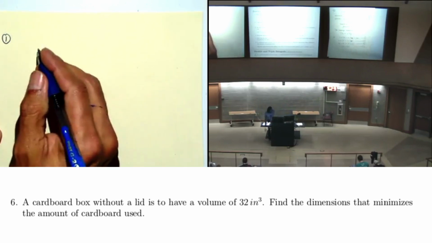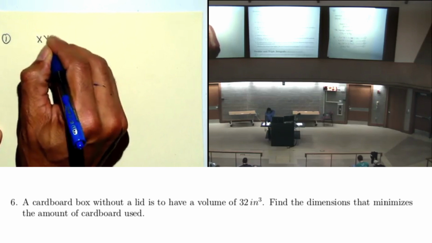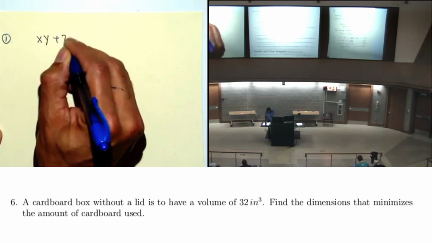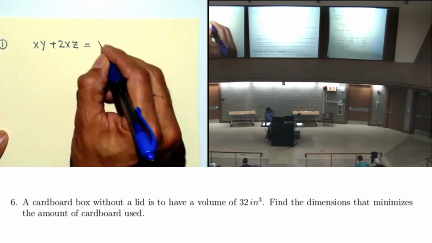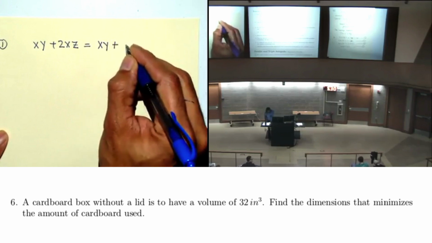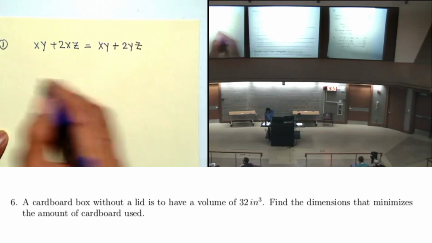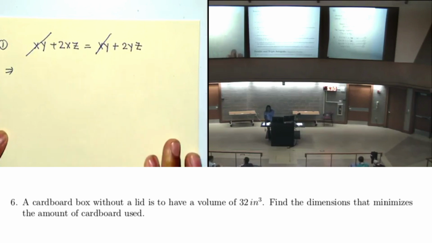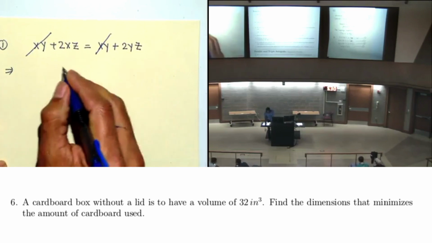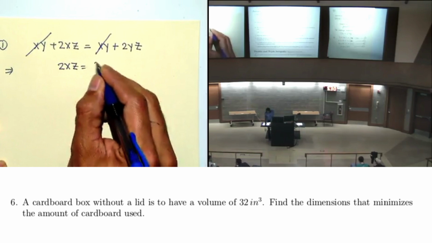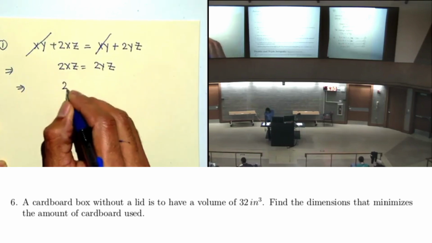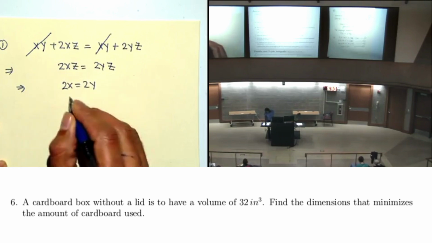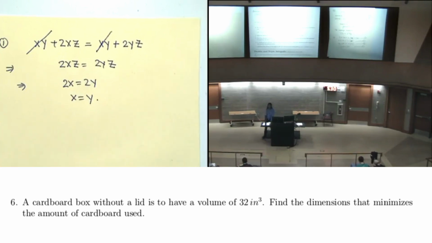In the first one, I get xy plus 2xz, set equal to the second one, xy plus 2yz. The xy cancels out, so 2xz is equal to 2yz. The z cancels out, therefore 2x is equal to 2y, so x is equal to y.